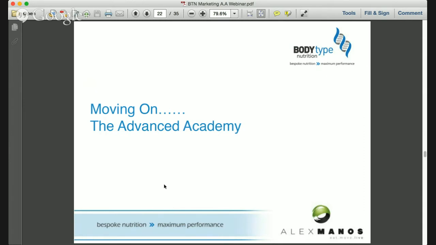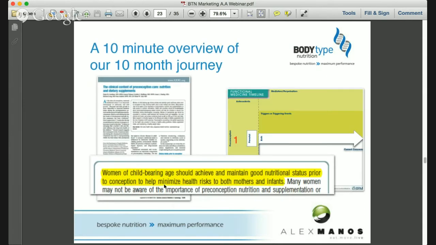So moving forward, I think we're doing quite well for time, luckily. We're going to kind of, hopefully around 10-minute journey, looking at kind of the 10-month journey that some people are currently on, and hopefully some of you will be on at some point in the future as well. Now, essentially, the Advanced Academy is laid out as much as it can be in kind of a functional medicine timeline perspective. So we have an introductory call to begin with.